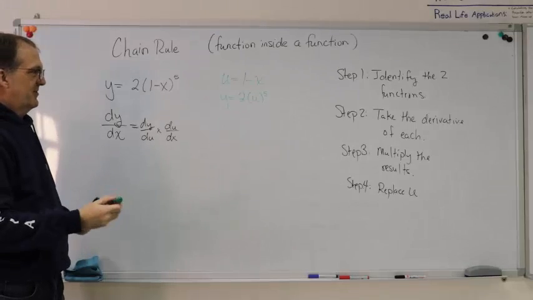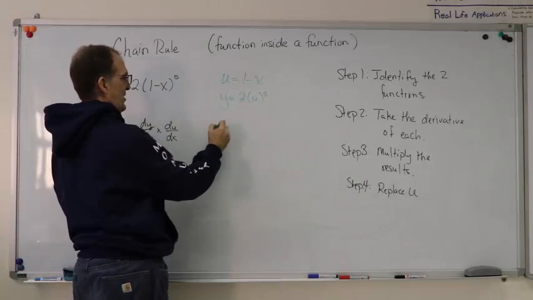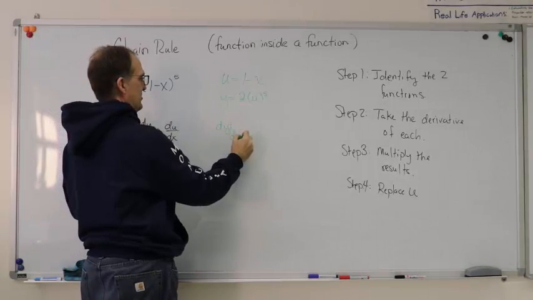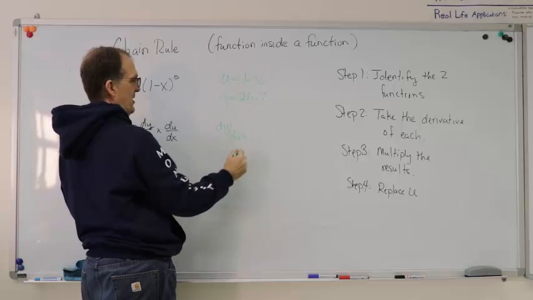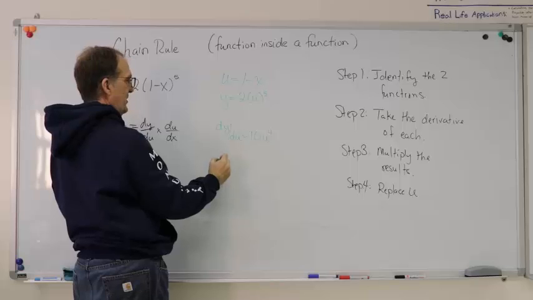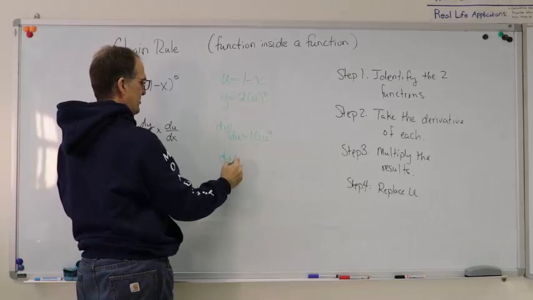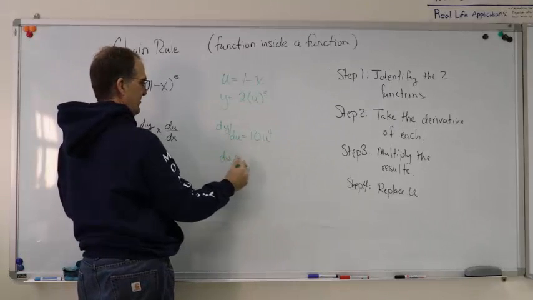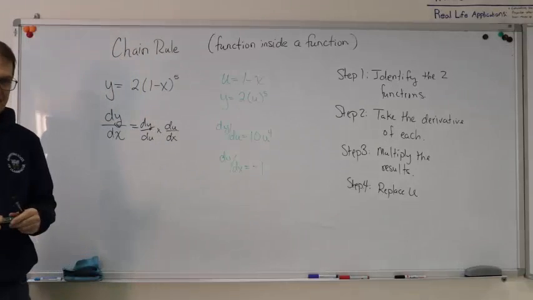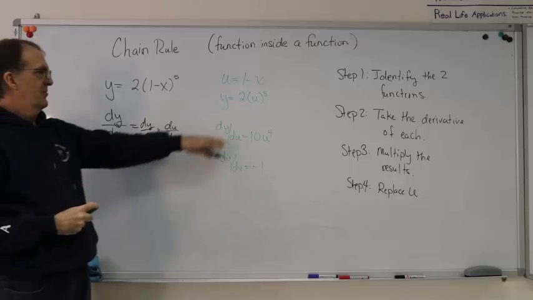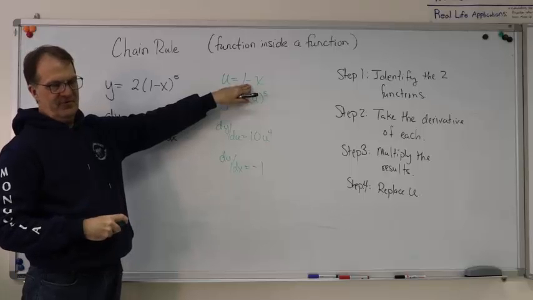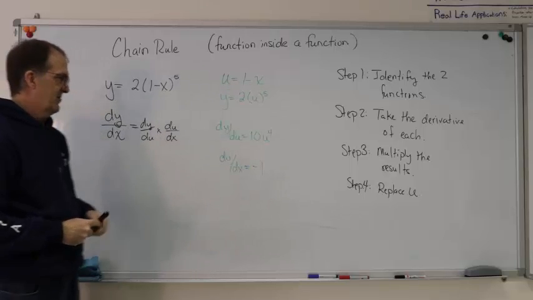Step 2, take the derivative. So dy du, I'm going to start from the bottom and kind of work my way up. 10u to the 4th. du dx is just -1. So 10u to the 4th, derivative of 1 minus x will just be -1.